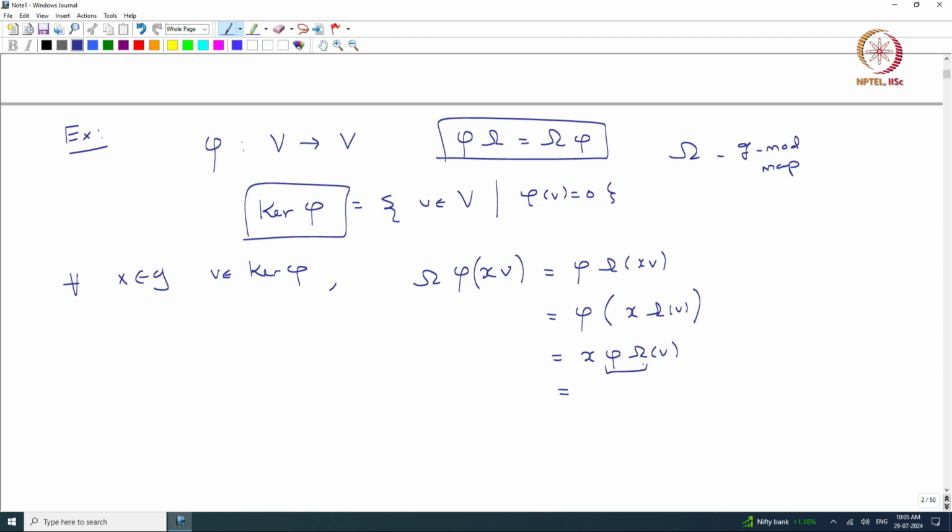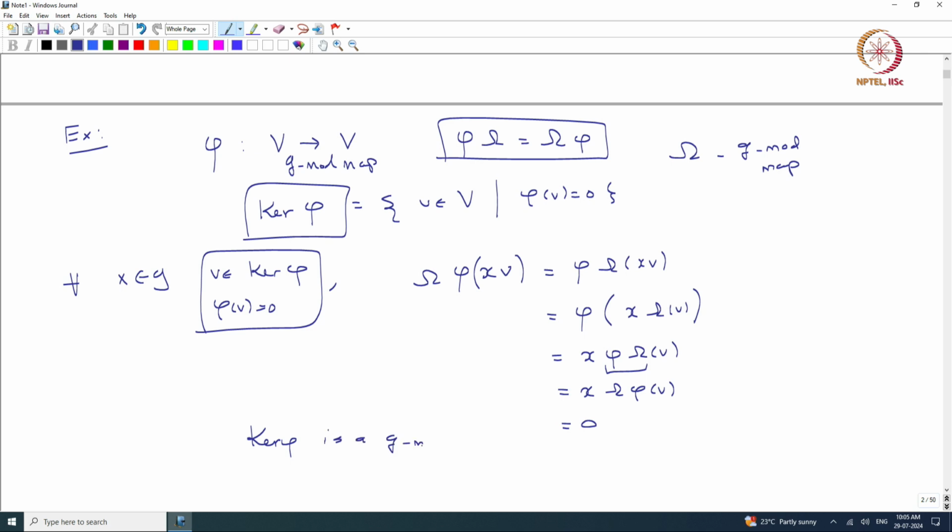Now again phi and omega commute, so it becomes x omega phi of v. Then this becomes 0 because v is coming from the kernel. If you take this to be a G module map, then phi and omega commute, and it is easy to see kernel of phi is indeed a G submodule.